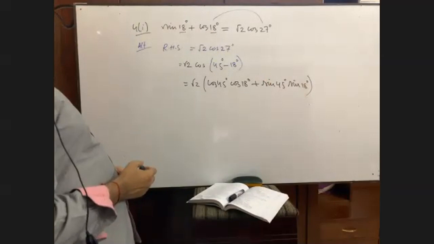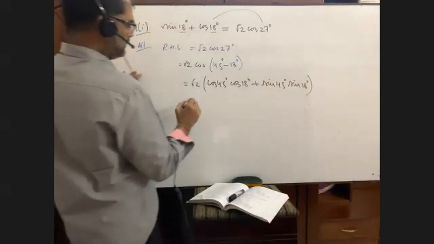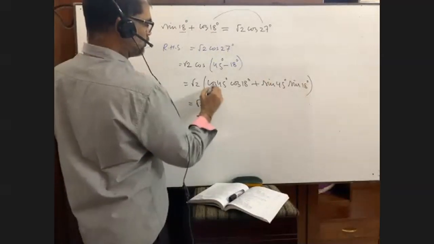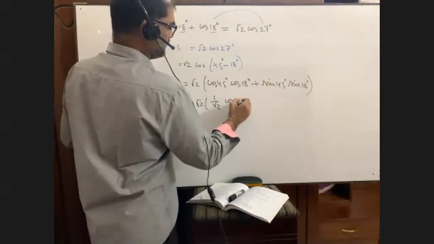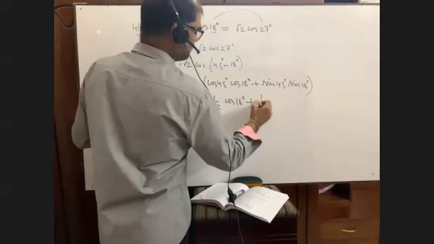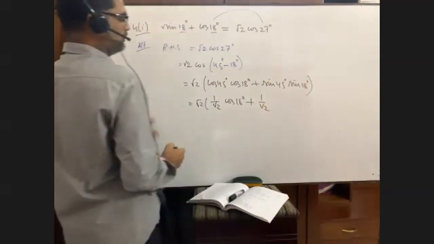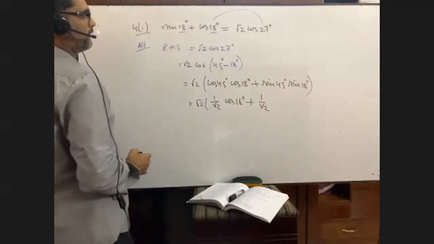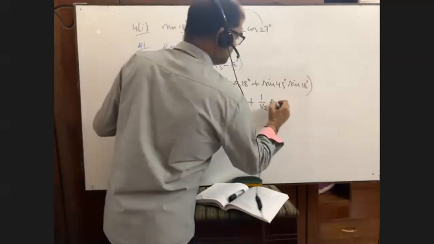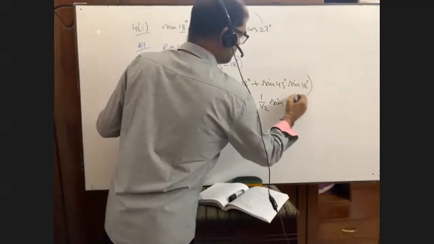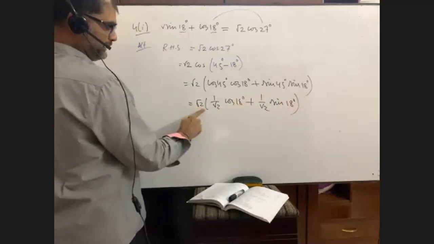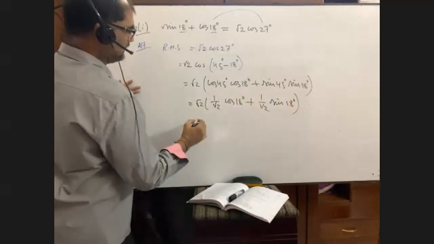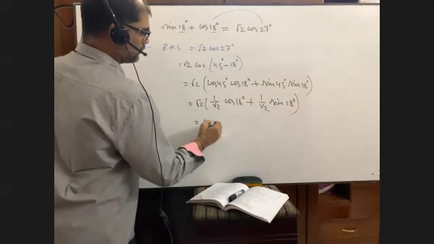Formula number 4. That is root 2, cos 45, 1 by root 2, cos 18 degree, then sin 45, 1 by root 2, sin 18 degree. Now if we multiply by root 2, then we will be left with cos 8.